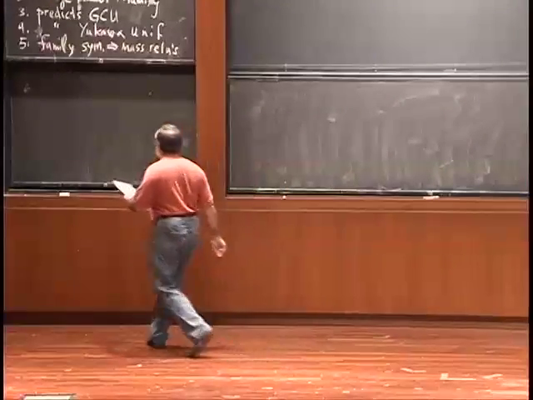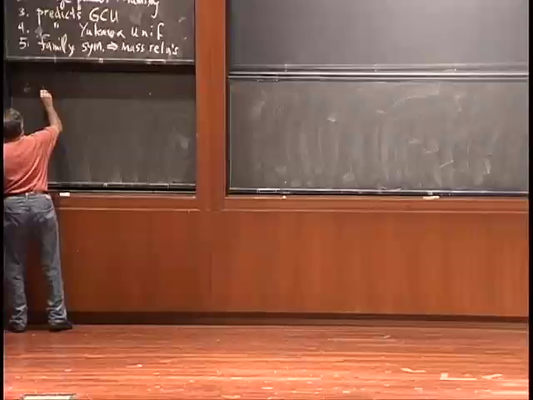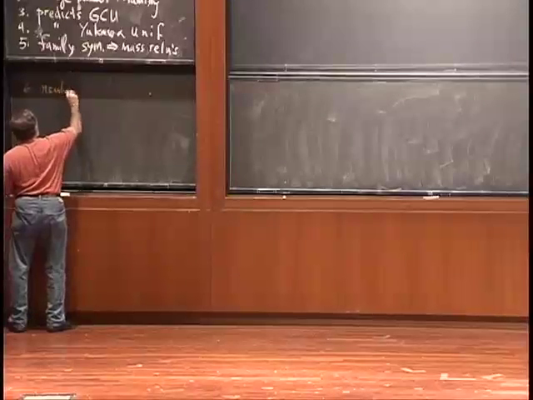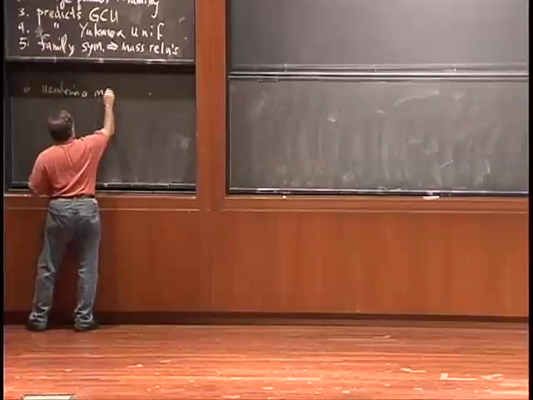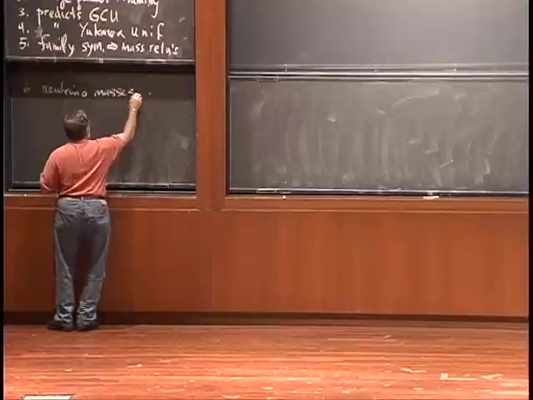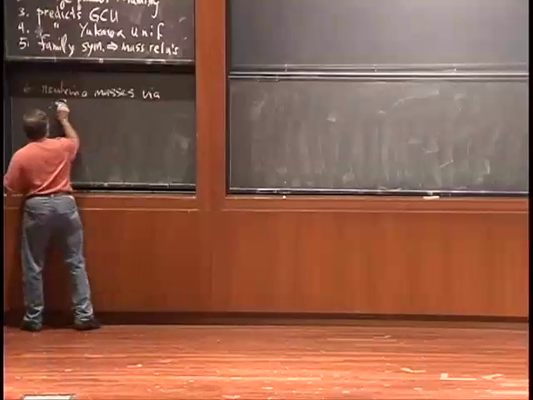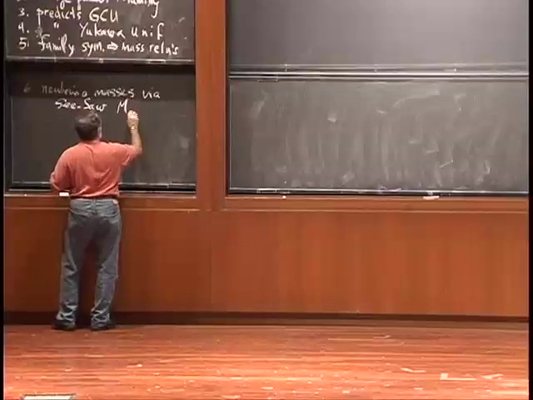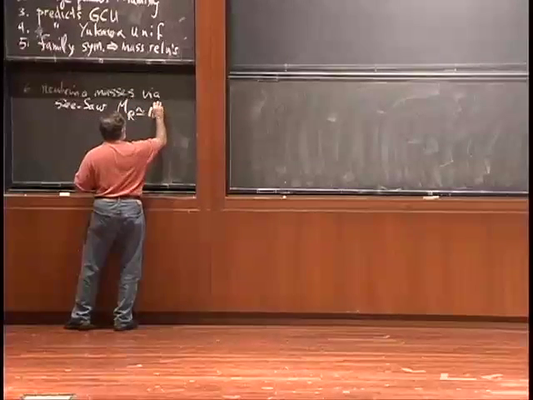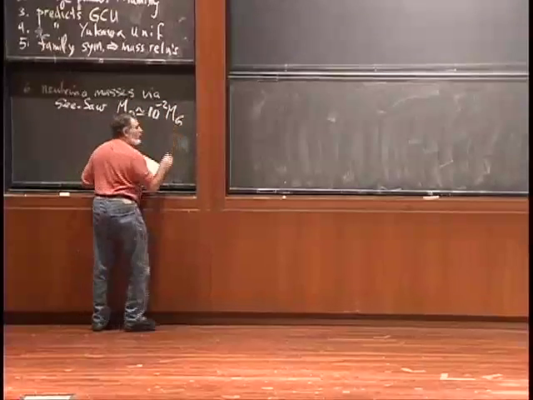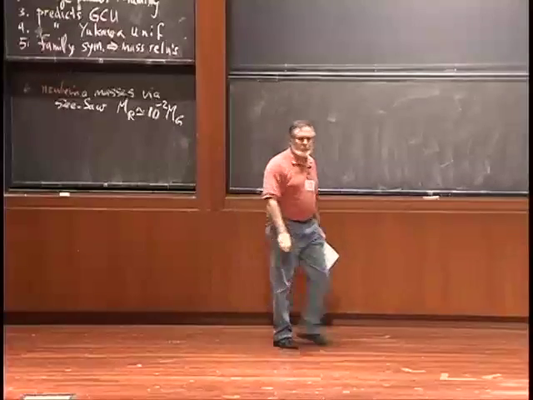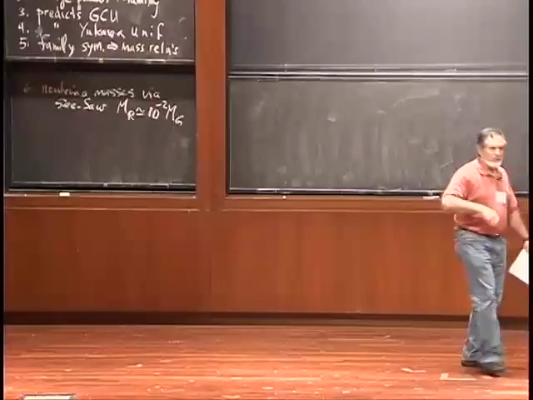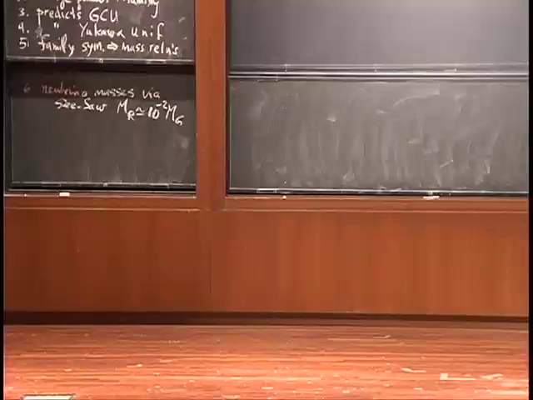It turns out that that seesaw mass scale, which fits the data, is around 1 or 2 orders of magnitude smaller than the GUT scale. So again, it's another hint for the large scale in nature.